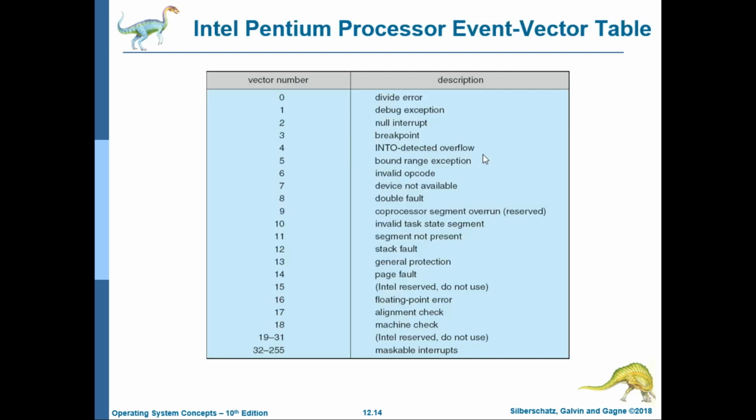Okay, next we have the Intel Pentium processor event vector table. This is for the interrupts. Vector number 0 is divide error.